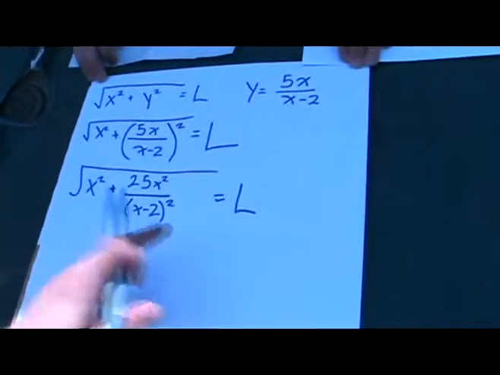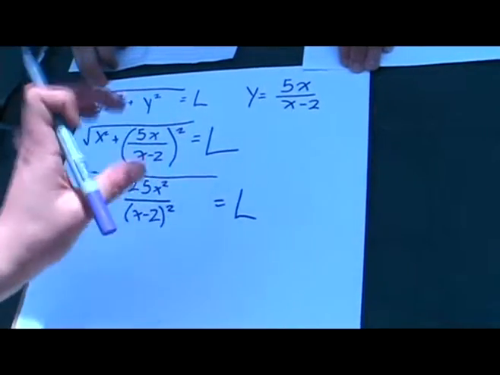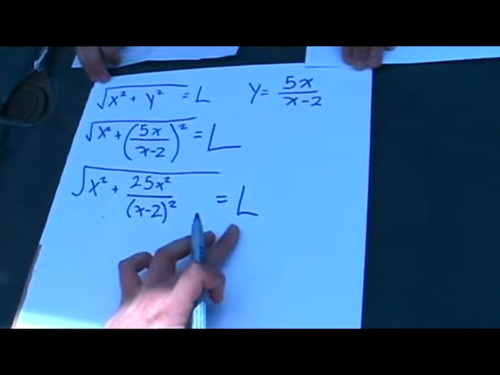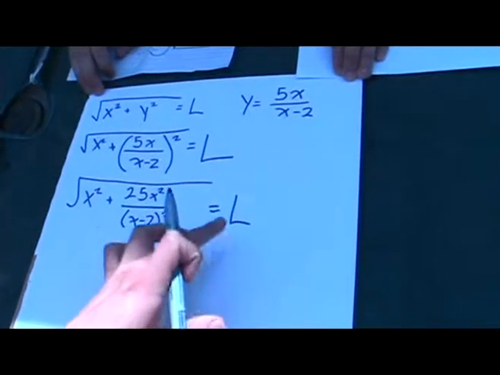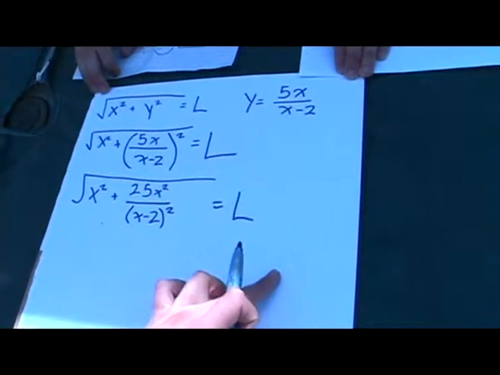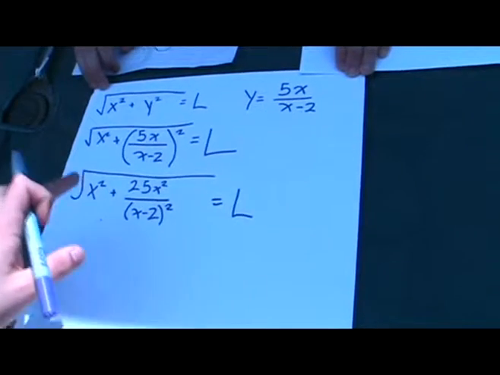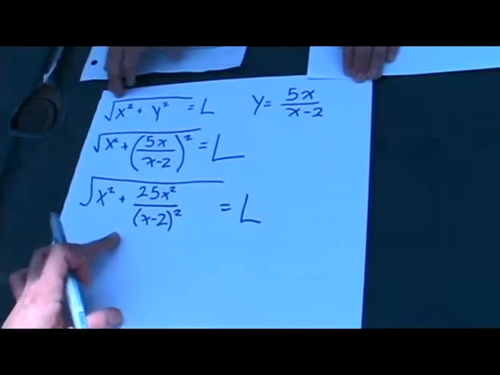Now to find the shortest length of the ladder, we have to find the point when the ladder changes from too short to too large, and that would be when the derivative of L equals 0. So we have to take the derivative of this equation.